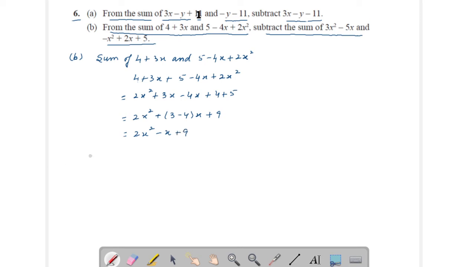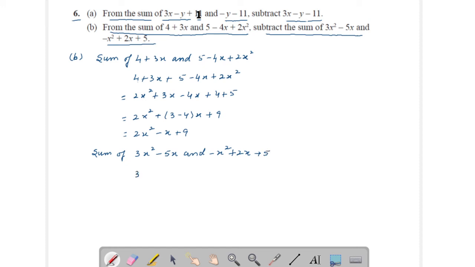Now find the sum of 3x square minus 5x and minus x square plus 2x plus 5.